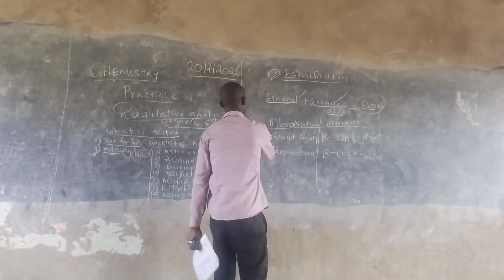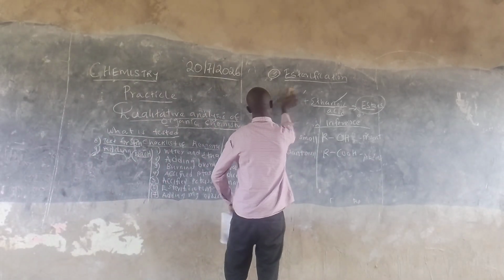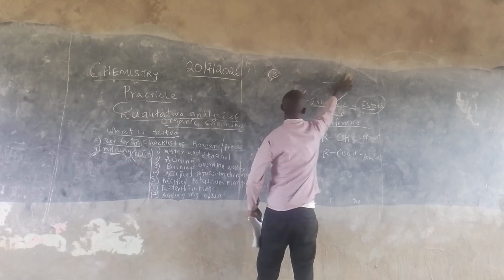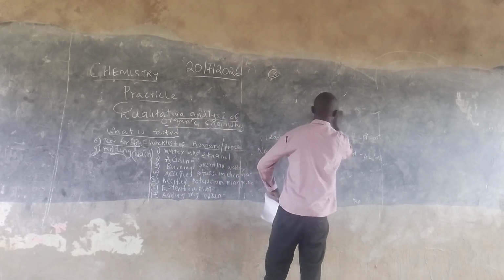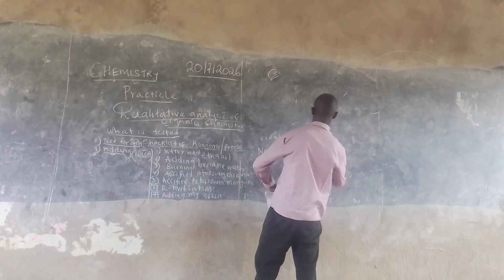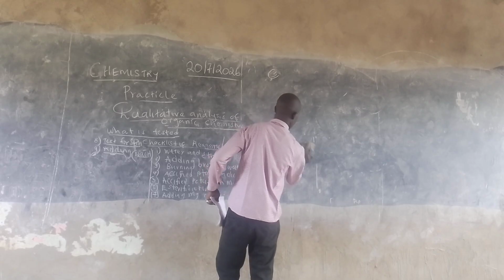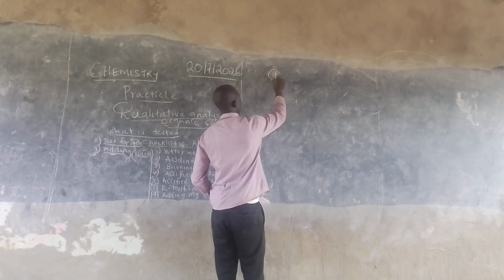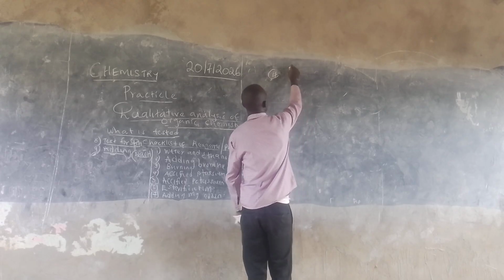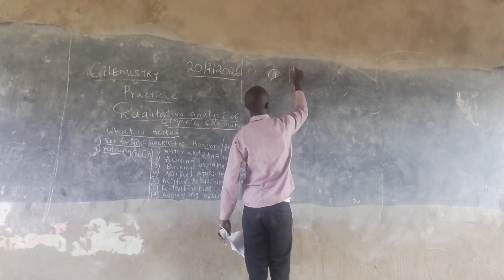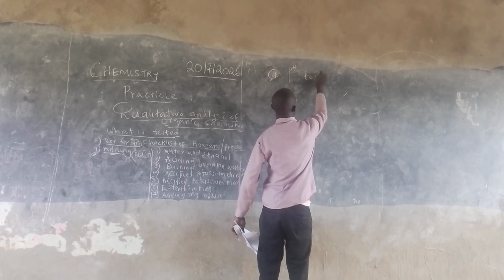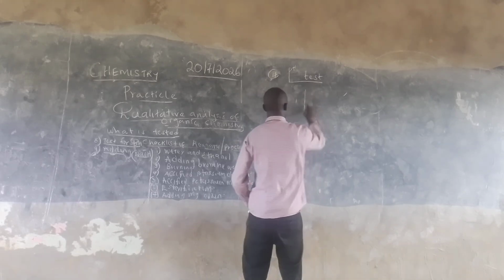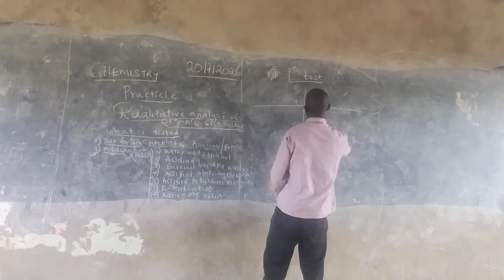You can say alkalinity or acidity, pH. We have what we call universal indicator paper. Okay, pH test. Here we have the observation and the inference.